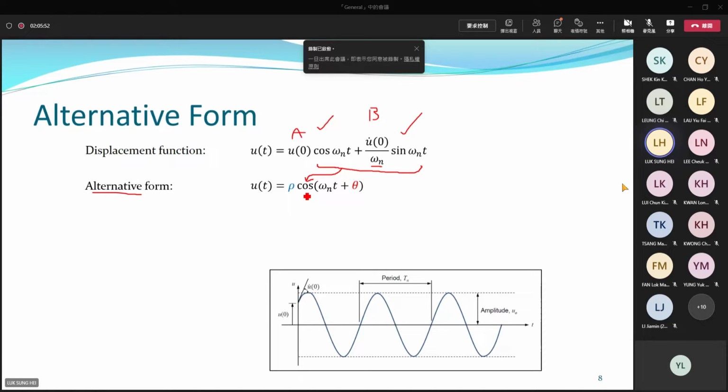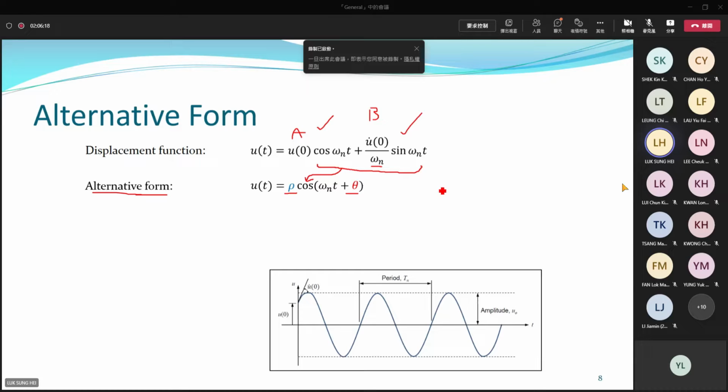But you have to change the angle a little bit. When you add up the sine and cosine functions into one single function, there is a phase angle inside the cosine function. We call that theta. And then the vibration amplitude is called rho. Rho is a Greek symbol. You can use this alternative form to represent the displacement function.